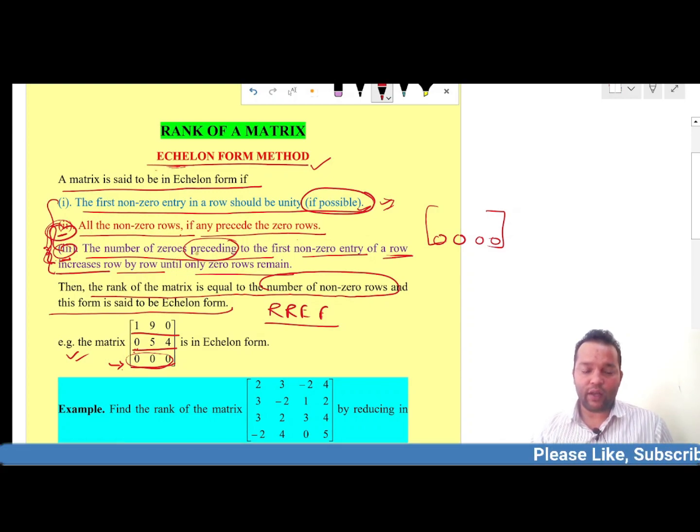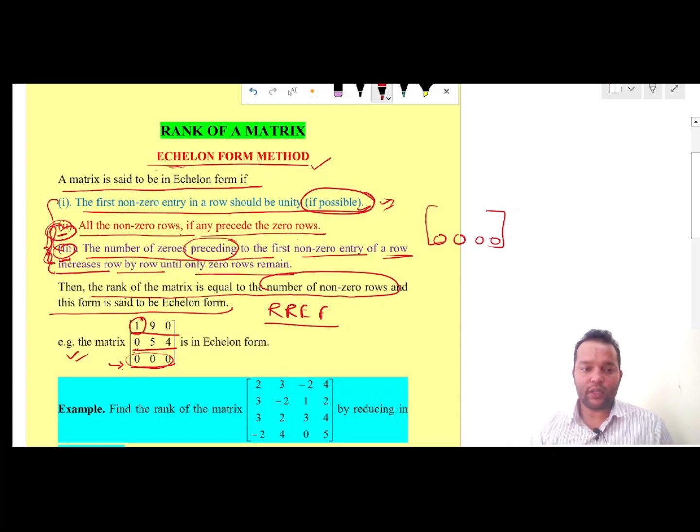Now to verify the third condition, we have to find the number of zeros before the first non-zero entry in each row. In the first row, this entry is the first non-zero entry, so before it the number of zeros is 0. In the second row, this is our first non-zero entry, and the number of zeros before it is 1.